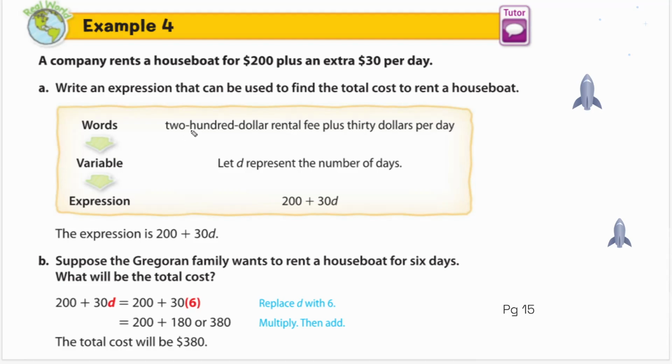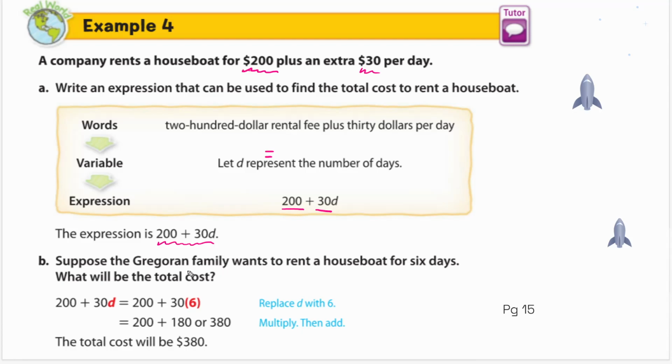So what we know is that the houseboat costs $200, and then for every day on top of that, we'll pay another $30. So 200 plus 30, where D equals the number of days that we've rented the boat. So here's our expression, 200 plus 30D.